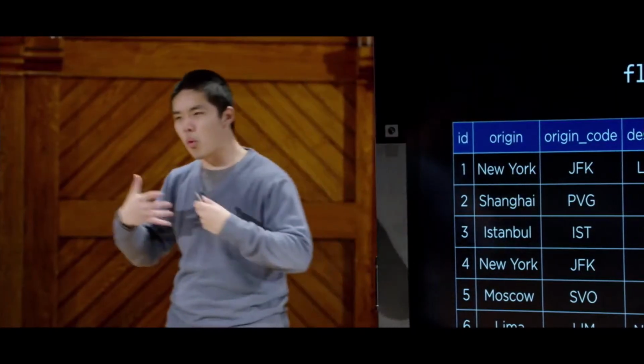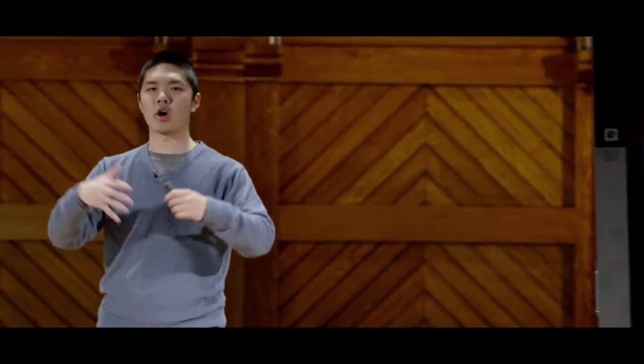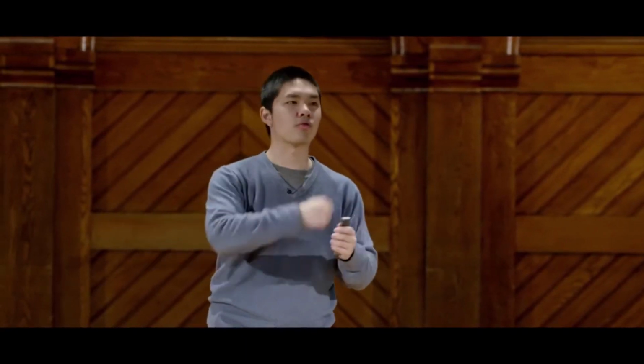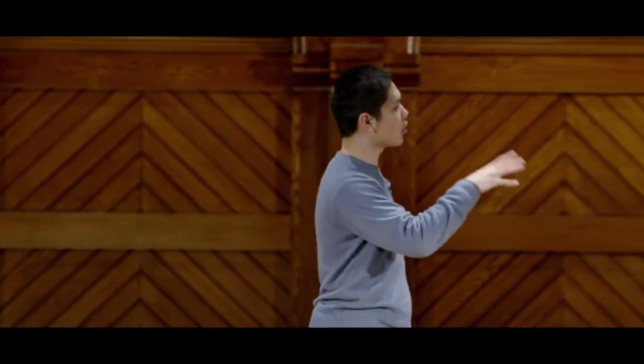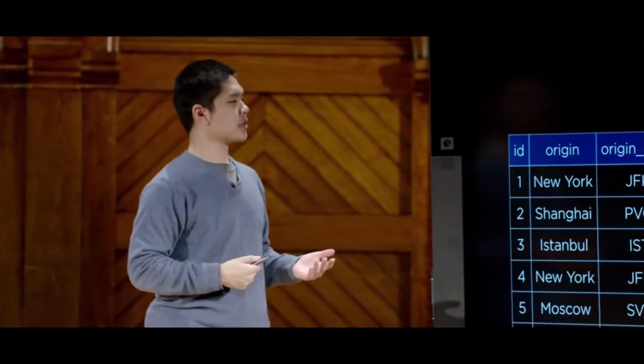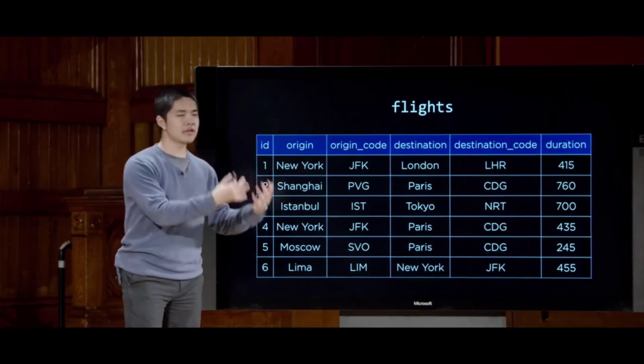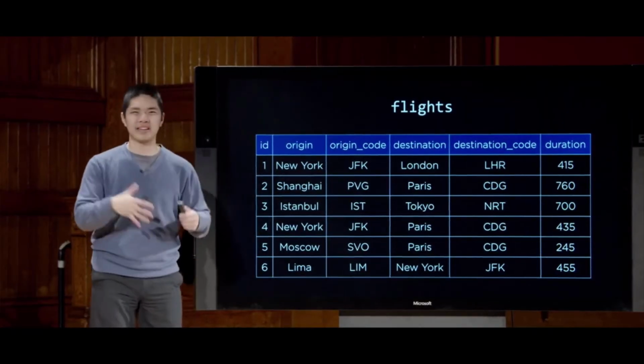And so often what we'll want to do as we begin to deal with data in larger and larger sets with more and more columns is we'll want to normalize this data, separating things out into multiple different tables that just reference one another in some way. And so instead of just having a single flights table, what we might consider doing is saying that flights are one type of object, but another type of object that I care about is an airport.